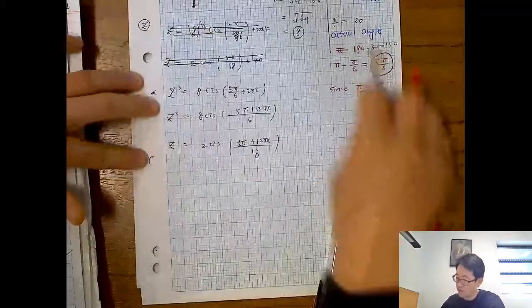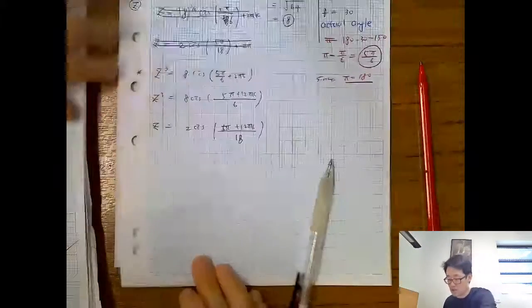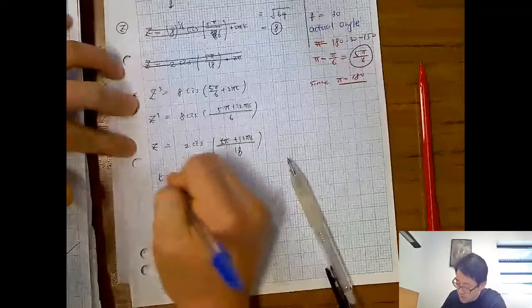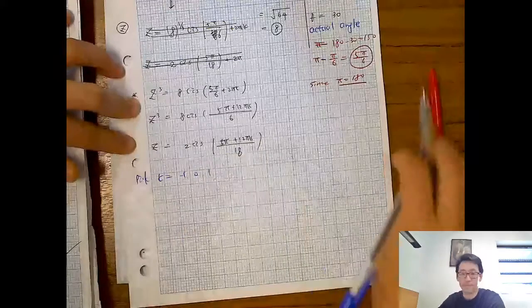Good. And then how many answers should we have? 3 possible answers, 3 roots. So pick k as minus 1, 0, 1.